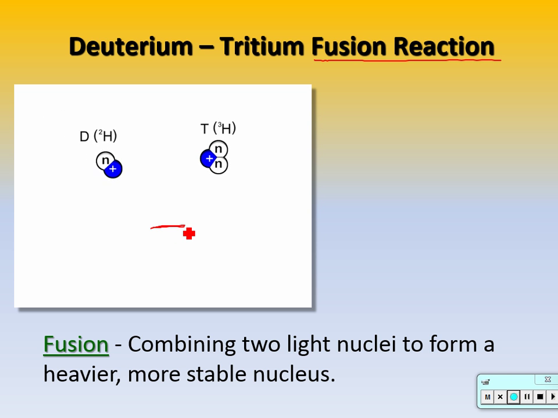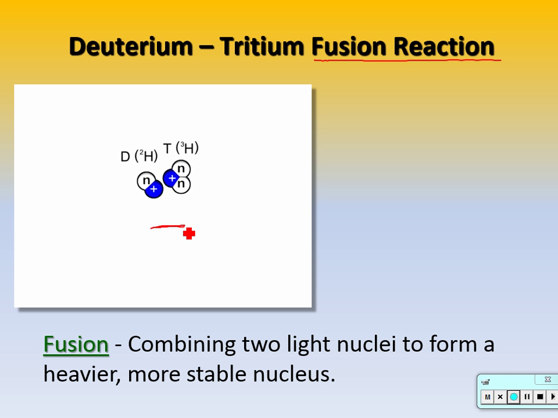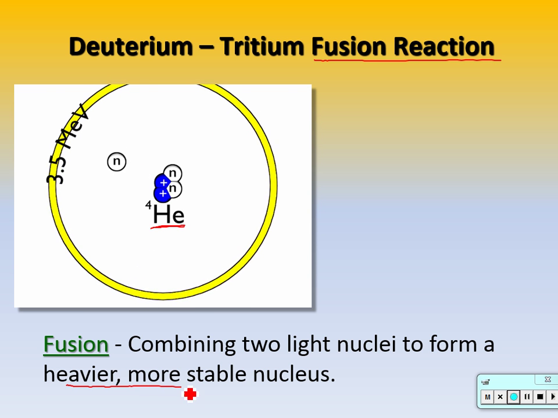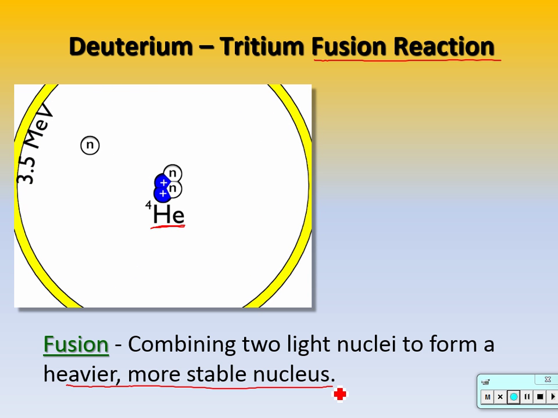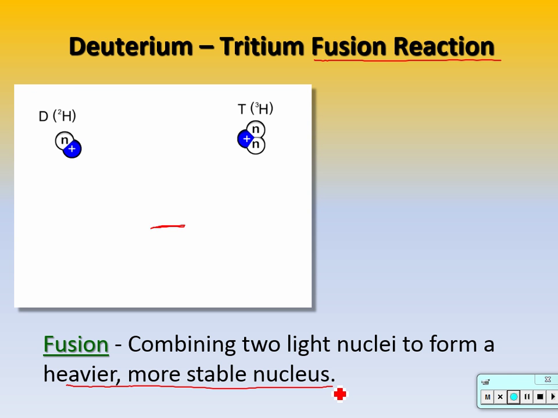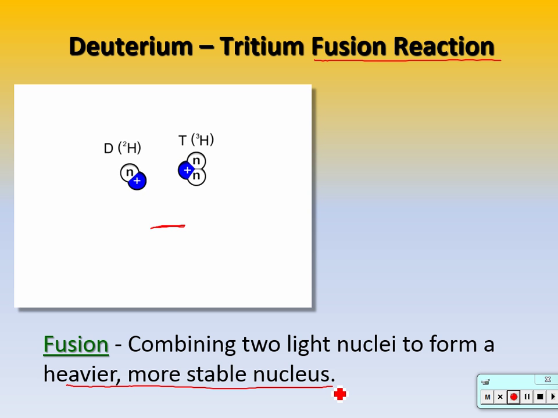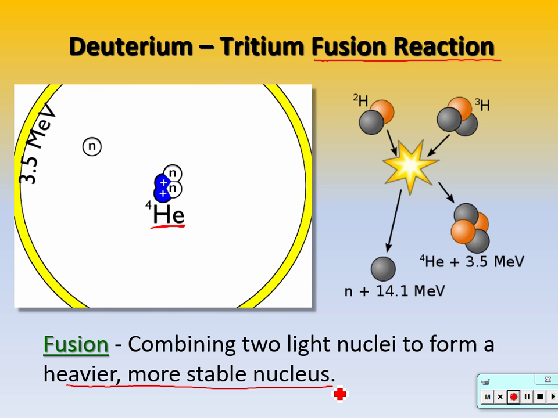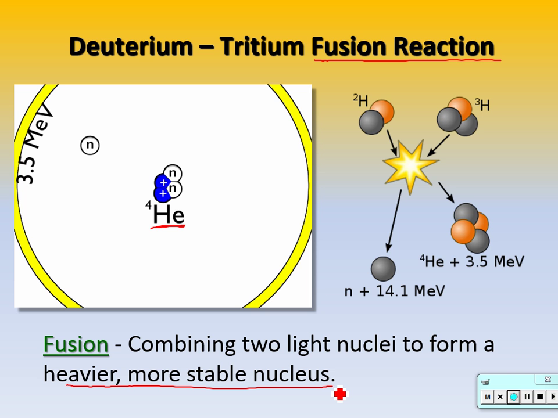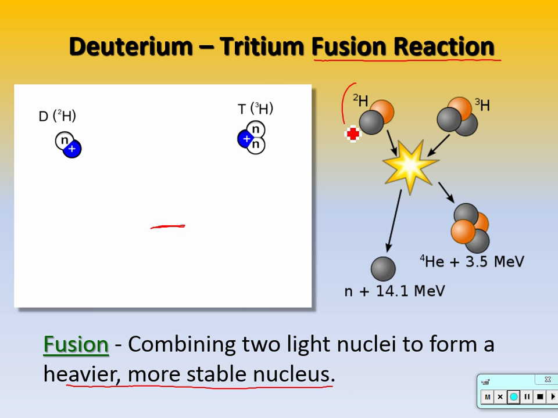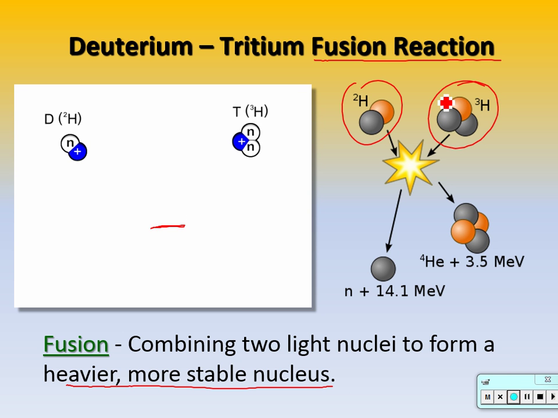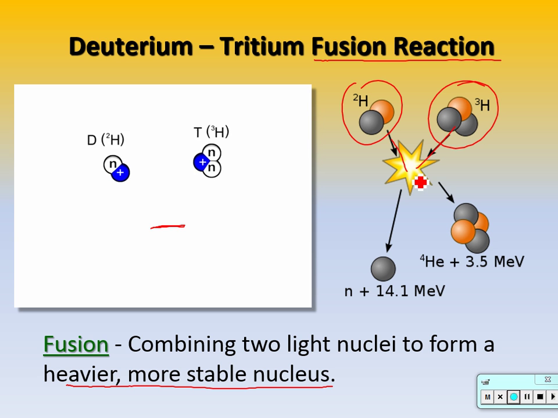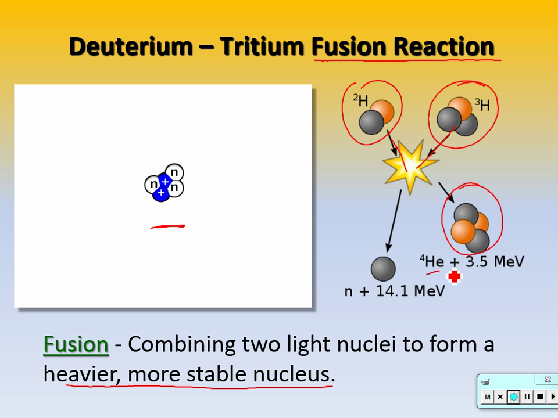Okay, so fusion is the combining of two light nuclei to form a heavier, more stable nucleus. Now, fusion releases a lot of energy as well, actually a lot more than fission. So let's talk about where these reactions occur. So, this is another diagram. You have hydrogen here, you smash it into another hydrogen here, they smash together and it makes helium.